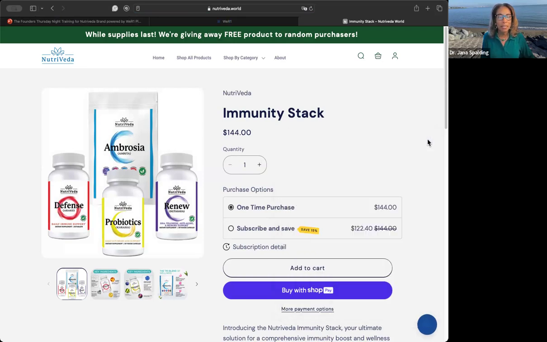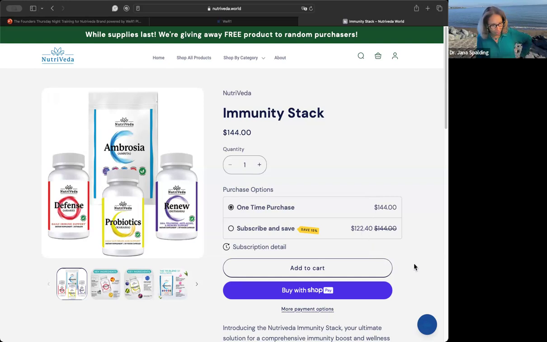This platform is amazing. Okay, now every time I log on, I learn something new. Like I logged on here last night, and you can do a one-time purchase of the immunity stack for $144, or you can now subscribe and save. And it's a little bit less every time. It's $122.40, but it continues to come on a regular basis.